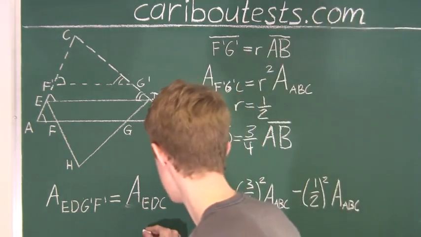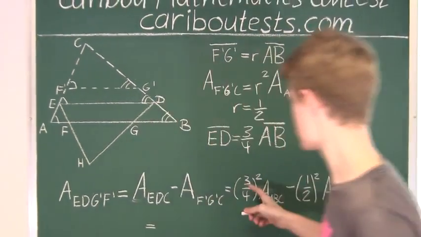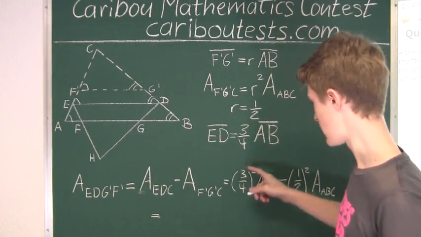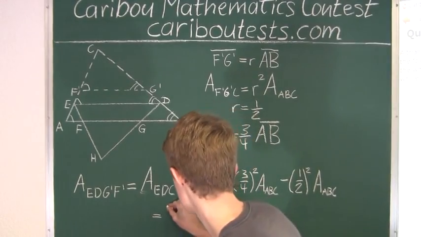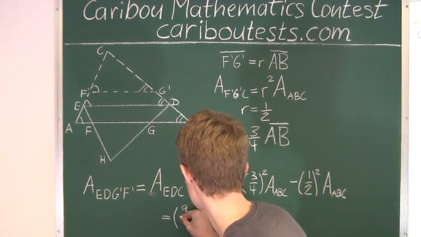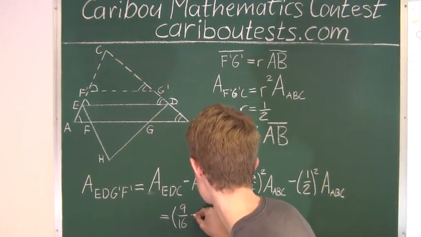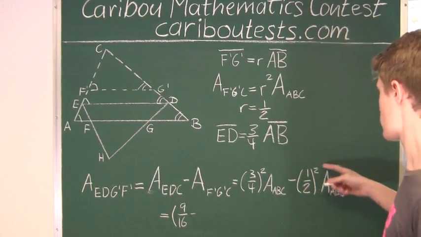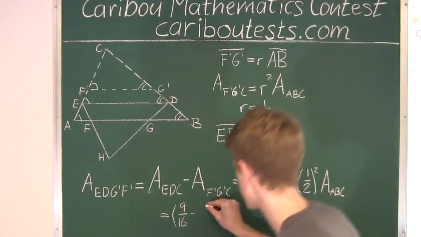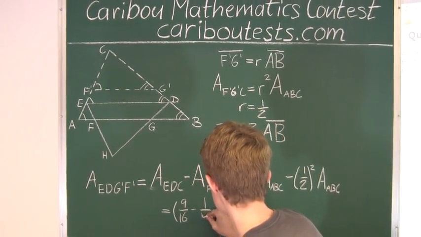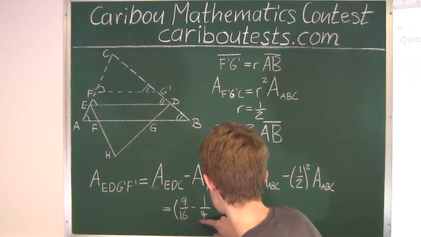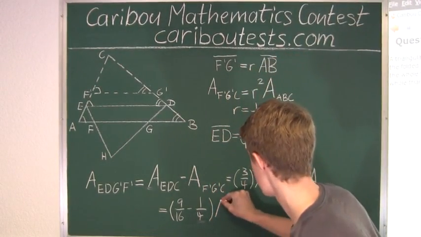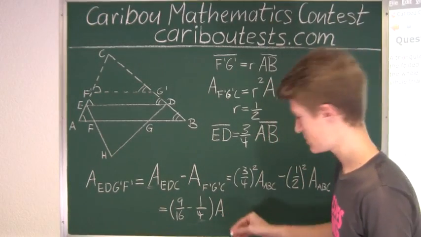So now what we have is 3/4 in brackets squared, which is 3 squared over 4 squared, or 9/16, minus 1/2 in brackets squared, which is 1 squared over 2 squared, or 1/4, and then times the area of the triangle ABC.